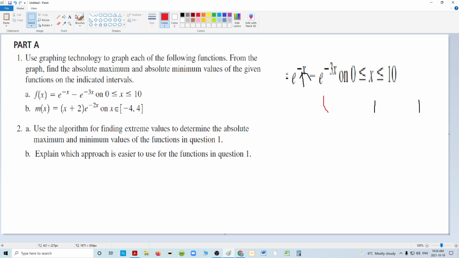Here we have one smaller decay curve subtracting a compressed decay curve, which means this curve will look like something like this. And this other curve will look something like this. Much sharper. But there will be a moment here when the minus will actually produce a positive value.